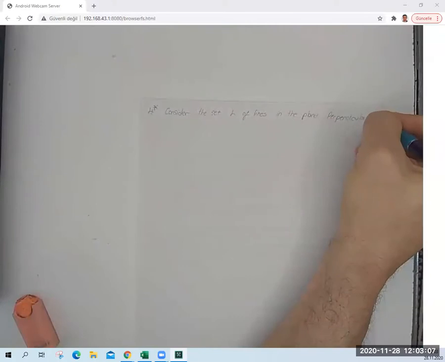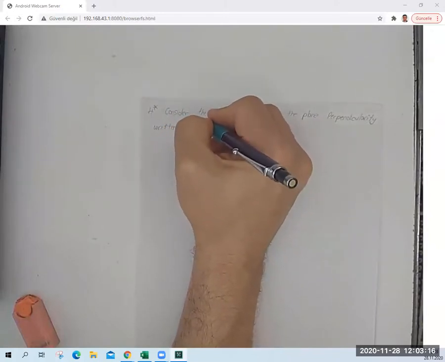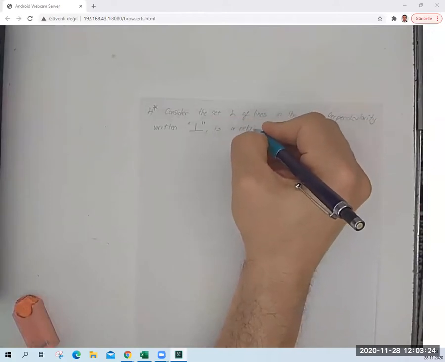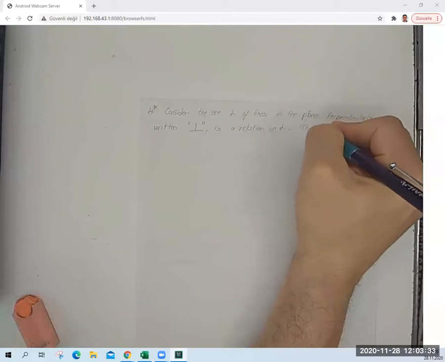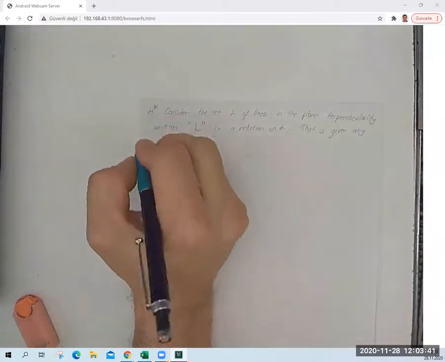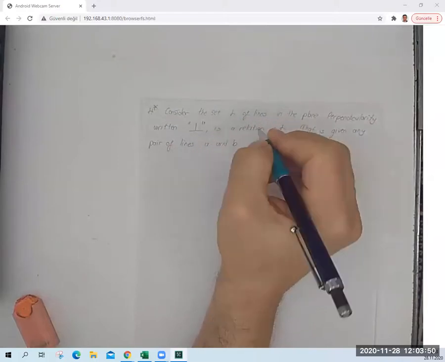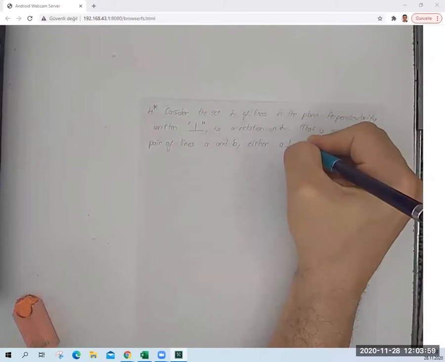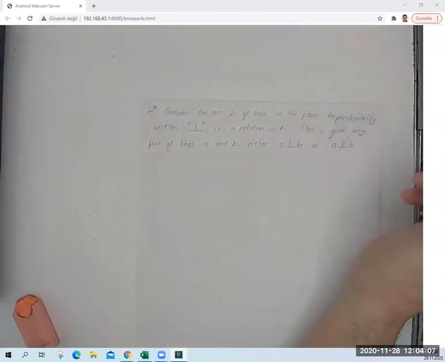Perpendicularity, written in that symbol, which means perpendicular, is a relation on L, so that given any pair A and B, either A is perpendicular to B, or we can say A is not perpendicular to B in that symbol.